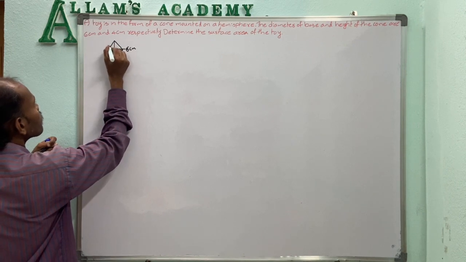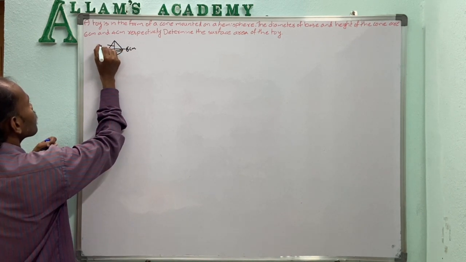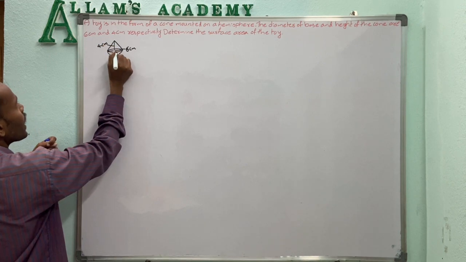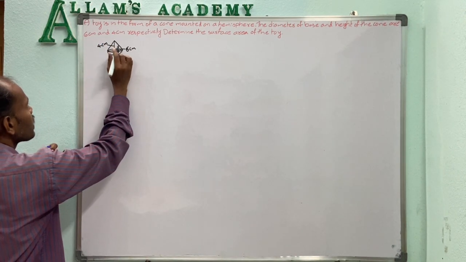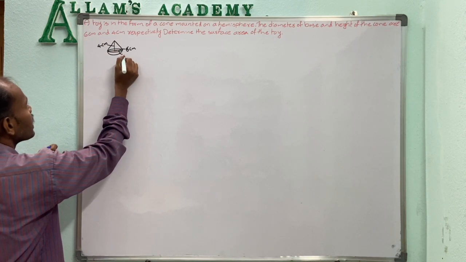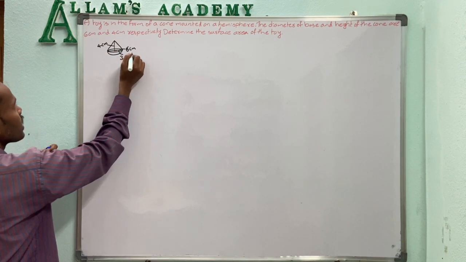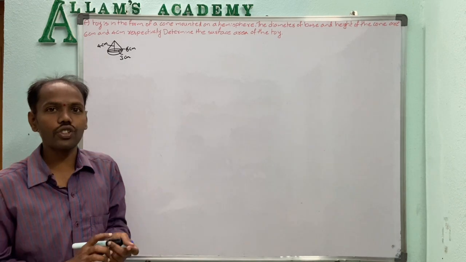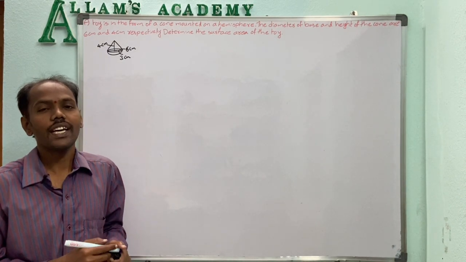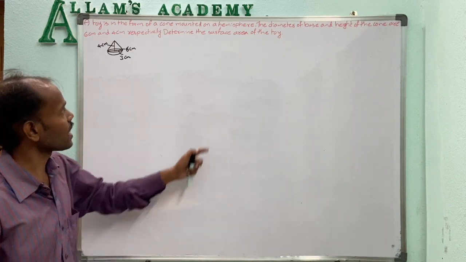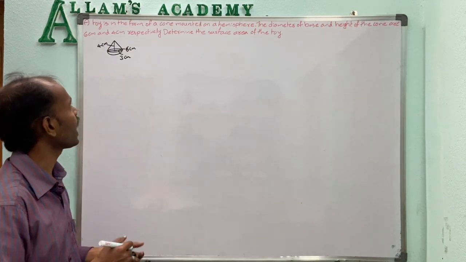The diameter is 6 centimeters, which means its radius is 3 centimeters, that is, half the diameter. By using this information, we now have to calculate the surface area of the toy.